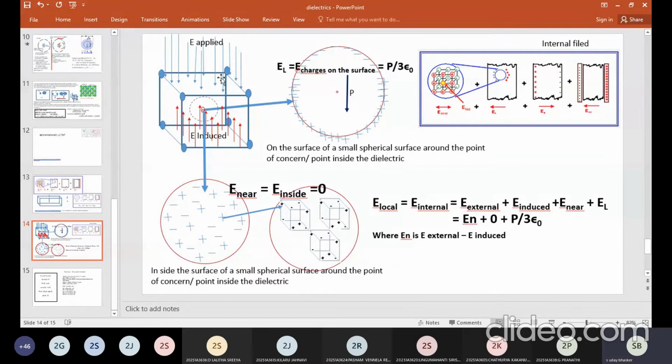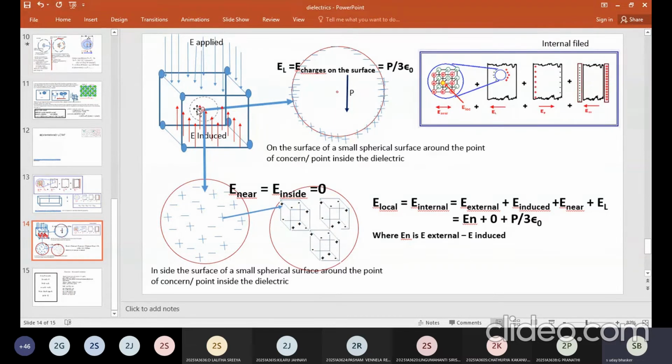In this particular cube, what all things do you see? A cube and some atoms at those 8 corners, and some applied electric field lines in blue, and some induced field lines in red. And then you have a dotted circle to say that this is the region of importance.